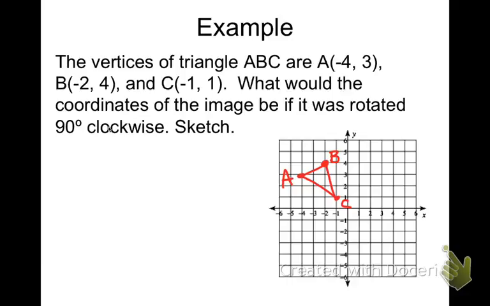All right, so we're going to rotate this triangle 90 degrees clockwise. Now remember, quadrant 1 is the upper right. So we got quadrant 1, quadrant 2, quadrant 3, quadrant 4. I guess I should put those down lower so I'm not in there.